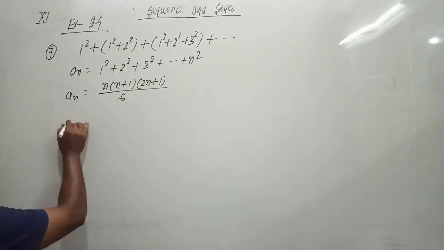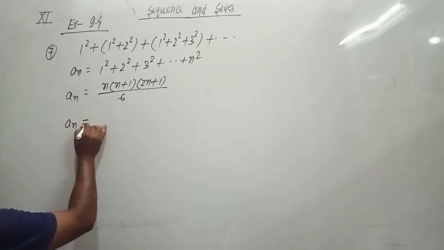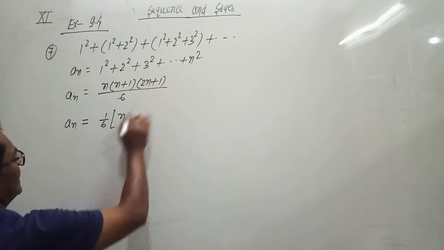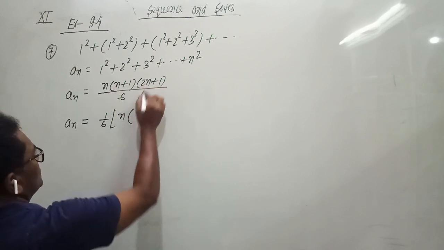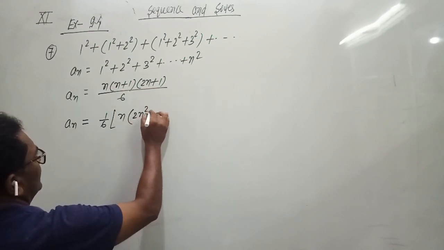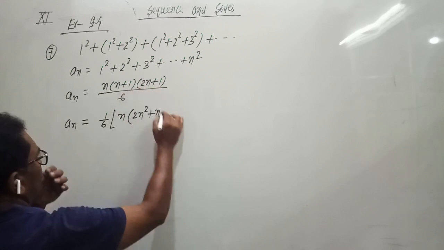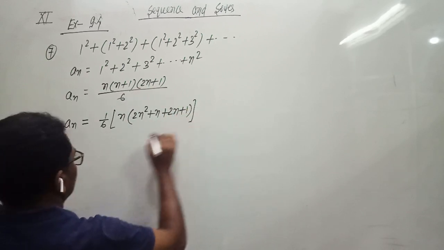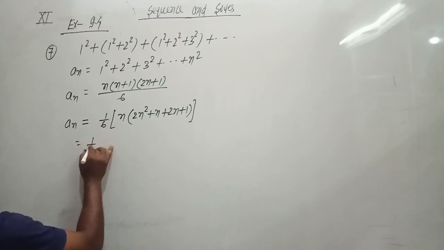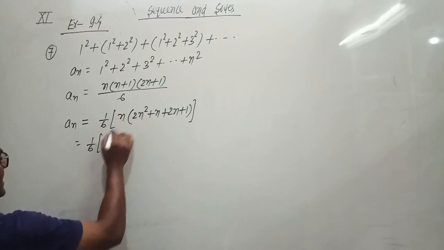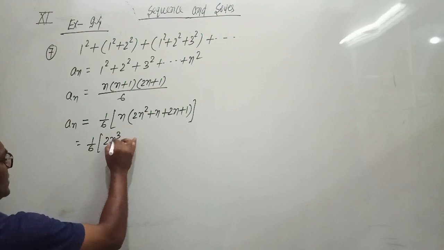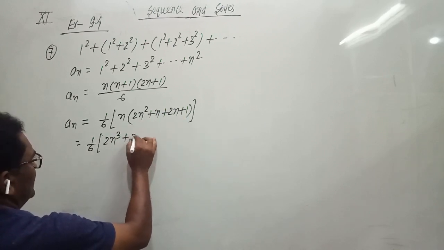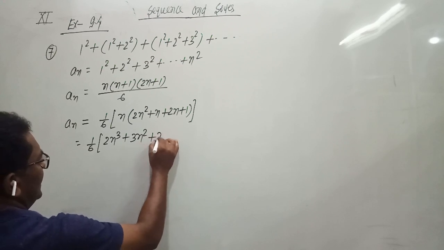So an equals to 1 by 6. Remove the bracket by multiplying them. So 2n square plus n plus 2n plus 1. Then 1 by 6, 2n square into n, 2n cube, 2n plus n, 3n into n, 3n square, and n into 1, n.